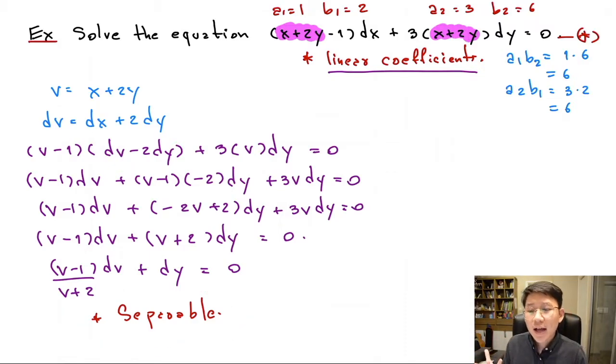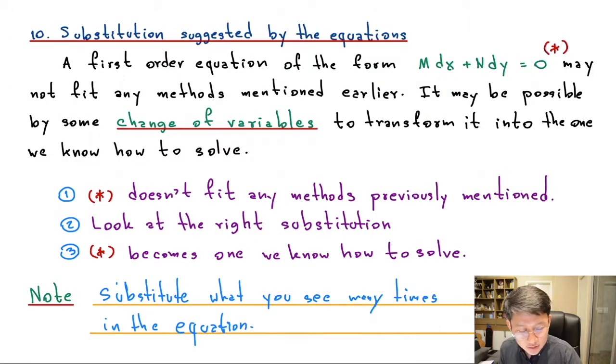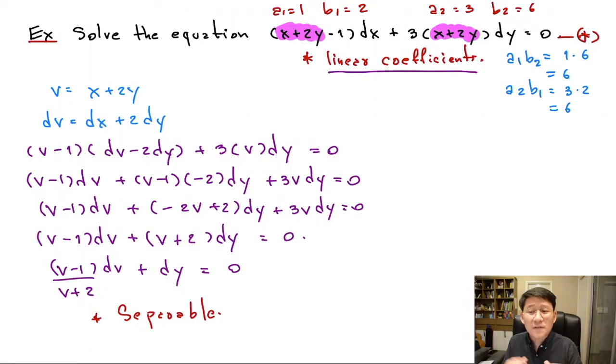So what I am trying to tell you is that linear coefficients, when we have infinite solutions, is pretty much the same as this method. It is a subset of this method. It can be seen as the substitution suggested by the equations. So both are the same in this case.